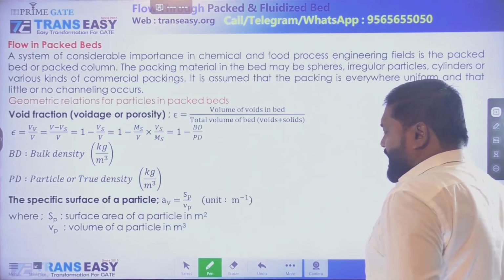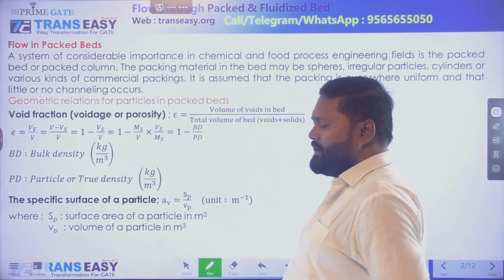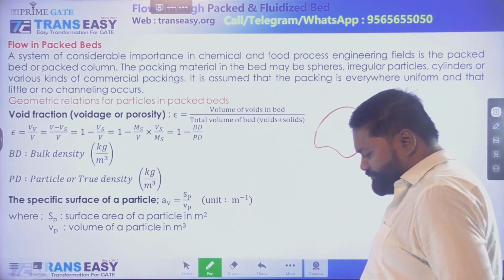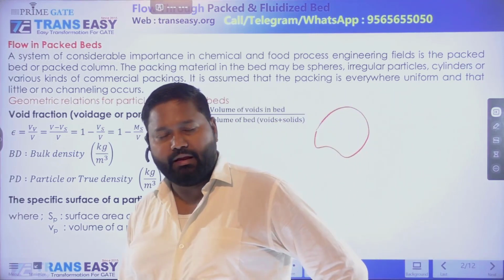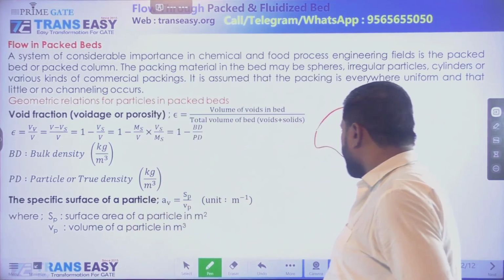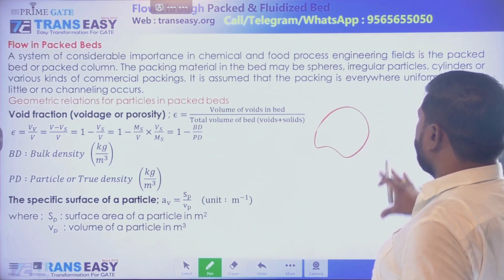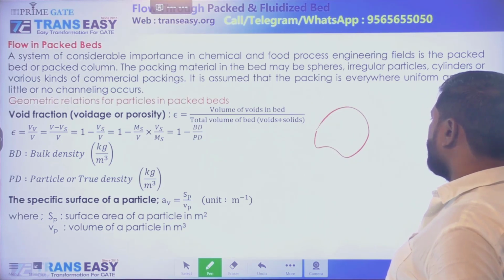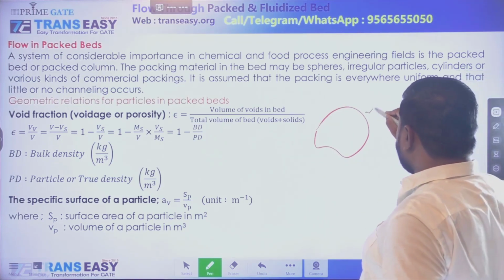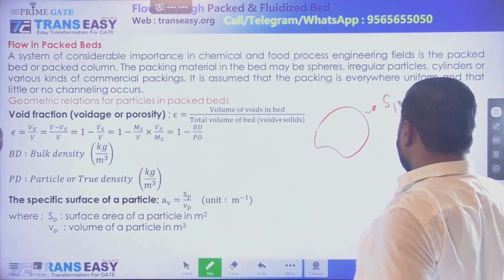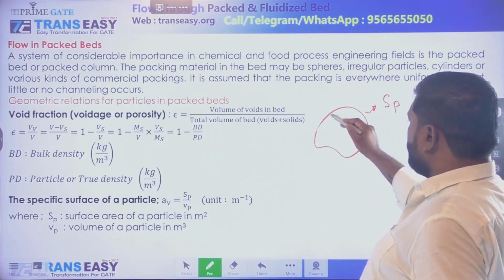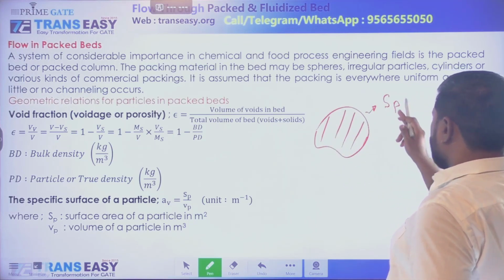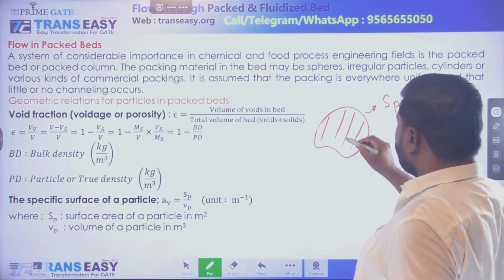Right, now we define the specific surface area of a particle. This is a solid particle kept in the bed, of any shape. This is an irregular shape. The surface area of this particle is Sp, and the volume enclosed by this closed surface is Vp.